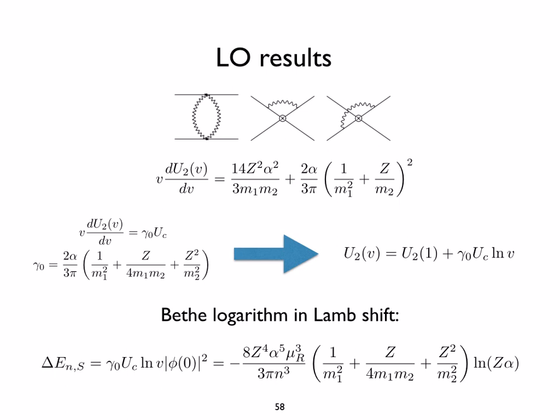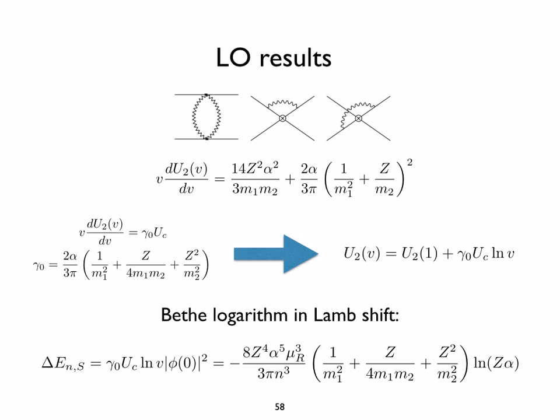If we multiply just the logarithmic term, we will obtain the beta logarithm, but here we have accounted for recoil corrections, so this result can be used not only for hydrogen but also for muonium or positronium.